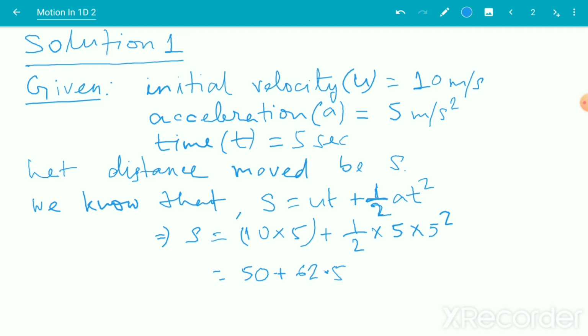If you add this up, 50 plus 62.5 turns out to be 112.5. So this is the distance traveled by the body in 5 seconds. So the distance moved is equal to 112.5 meter.